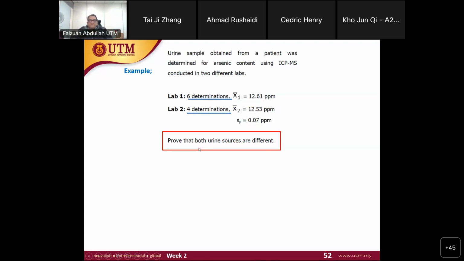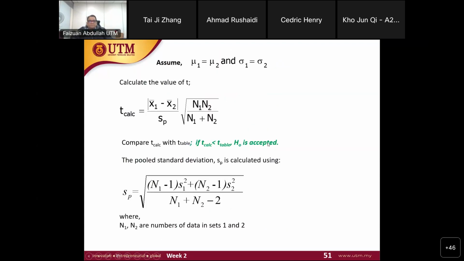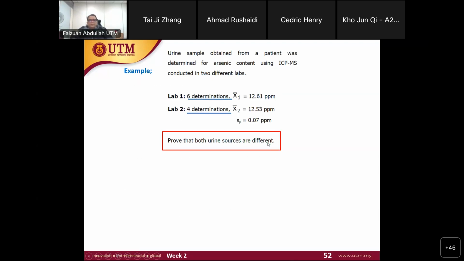Now let us see the example. A urine sample obtained from a patient was determined for arsenic content using ICP-MS conducted in 2 different labs. This is how they compare the t-test, for 2 sets of data. So now we have the situation of between 2 labs.